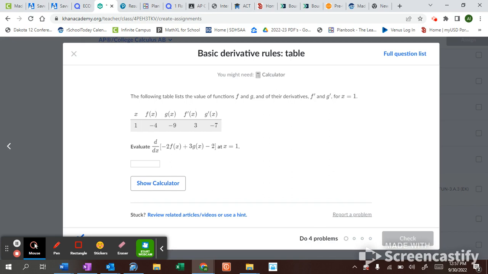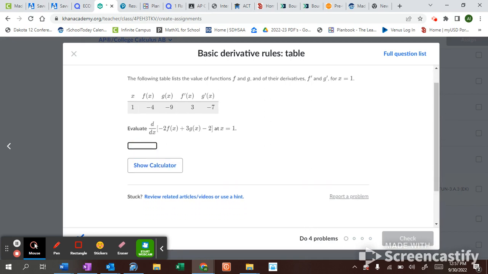All right, so if you take the derivative of this, you just take negative 2 times the derivative. Negative 2 times 3, and you get negative 6. You take 3 times the derivative of that, and you get negative 7. But then if you take the derivative of negative 2, what do you get? 0. So it's just negative 2 times 3, which is negative 6, and 3 times negative 7, which is negative 21.